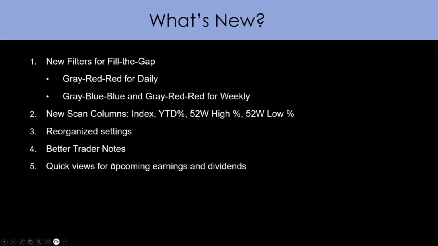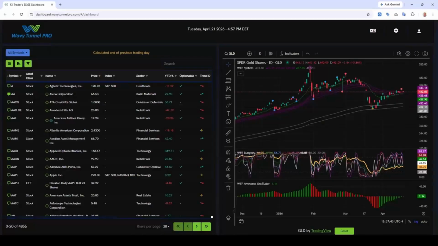So quick views for upcoming earnings and dividends. What is this all about? Well, let's see. So I'm going to go back to the dashboard, and you may have noticed that every once in a while, we can see this little info icon to the left of each symbol. That, of course, is always there.